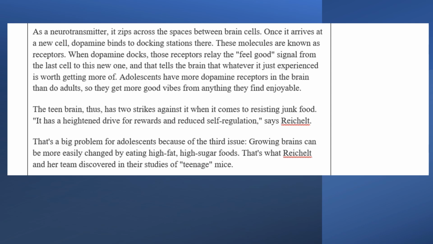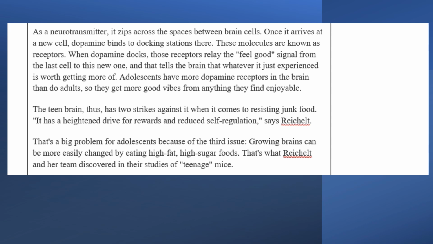When dopamine docks, those receptors relay the feel-good signal from the last cell to the new one. And that tells the brain that whatever it just experienced is worth getting more of. Adolescents have more dopamine receptors in the brain than do adults. So they get more good vibes from anything they find enjoyable.